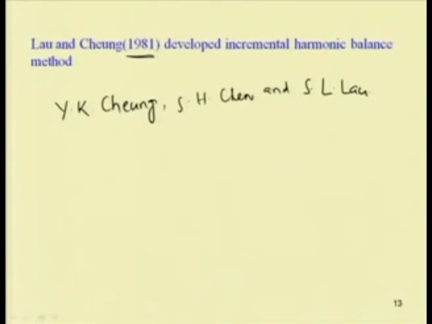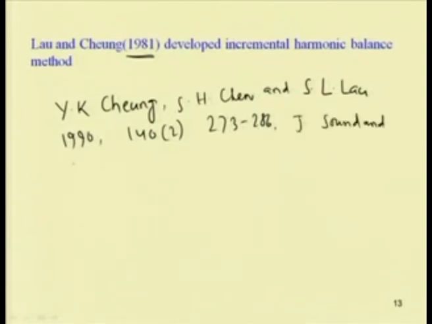The other paper one can check is by Y. K. Cheung, S. H. Chen and S. L. Lau, in 1990, volume 142, pages 273 to 286 in the Journal of Sound and Vibration. In this paper they have applied the incremental harmonic balance method to cubic nonlinear systems.